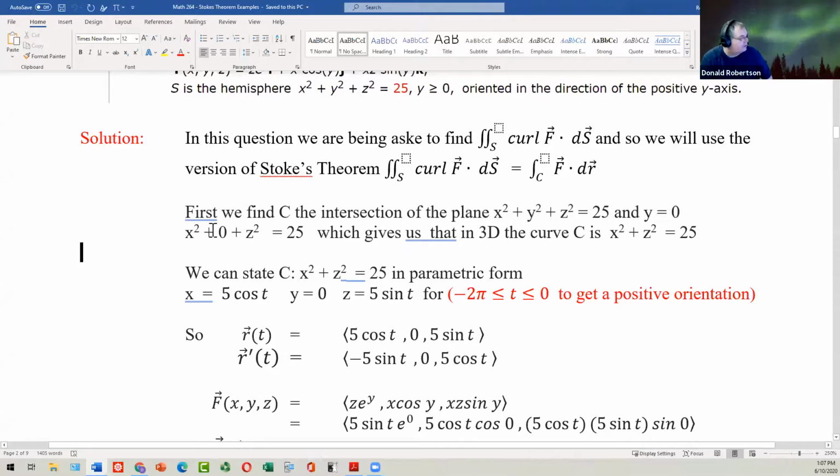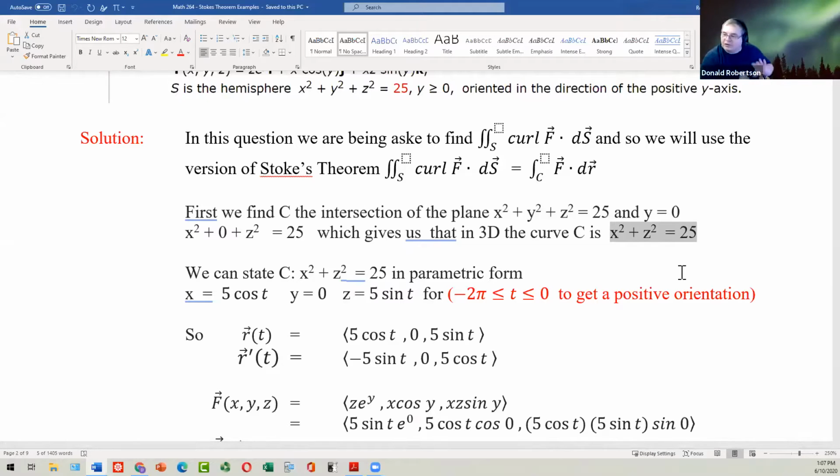And what that gets you, if you make y 0, is that C is x squared plus z squared. So can you imagine that's a circle, right? And since y is missing, do you understand that's basically going to be on one of the side planes? So can you imagine that half sphere I'm talking about? If you projected it onto the side, it would be a circle, and the circle would have this equation.